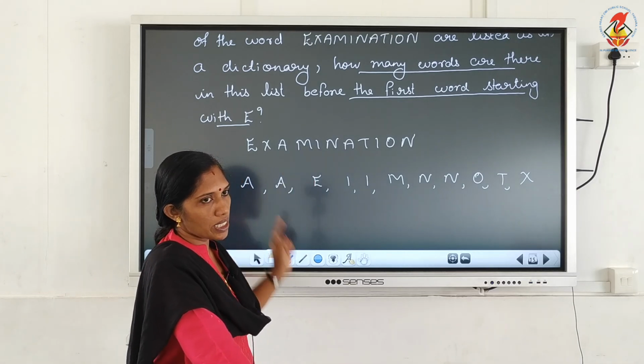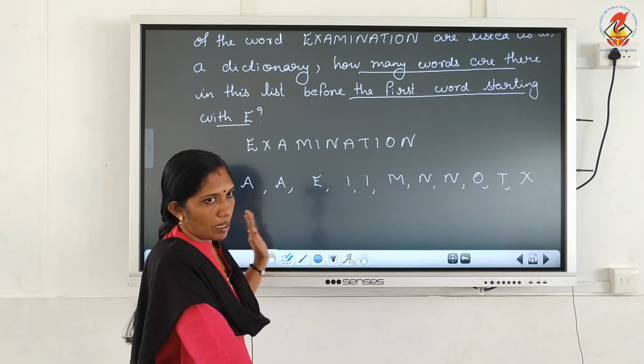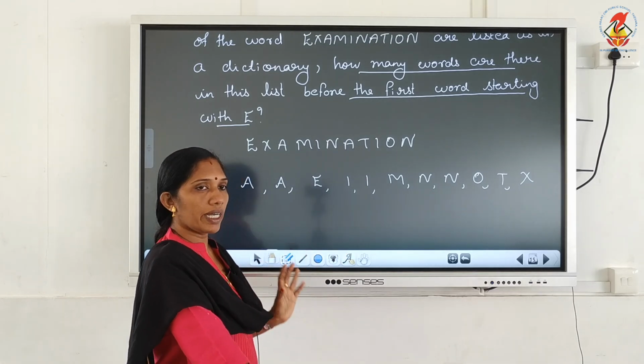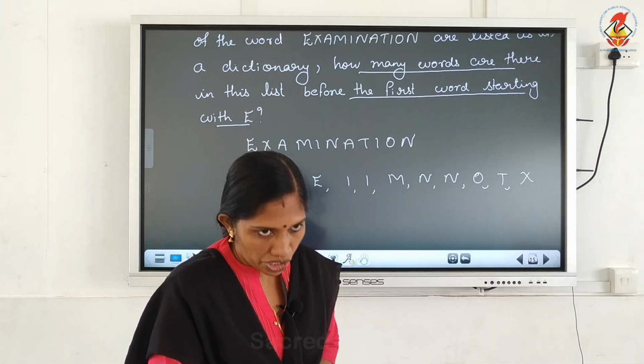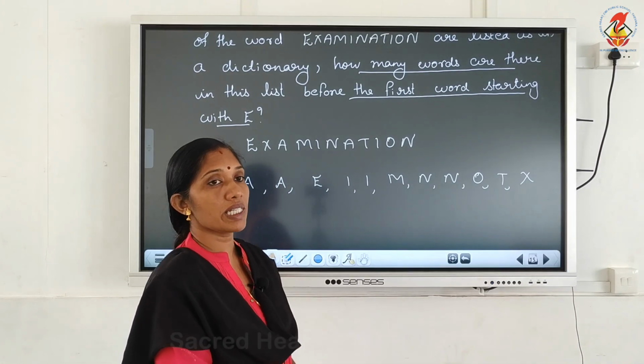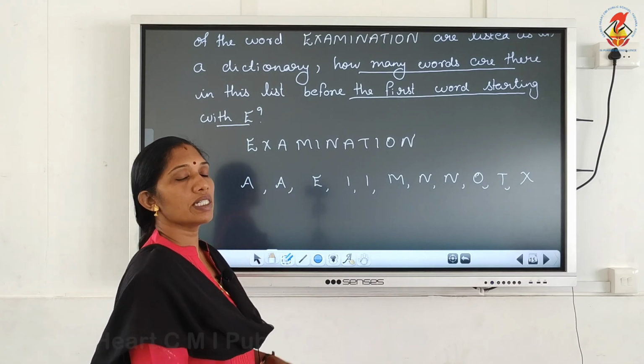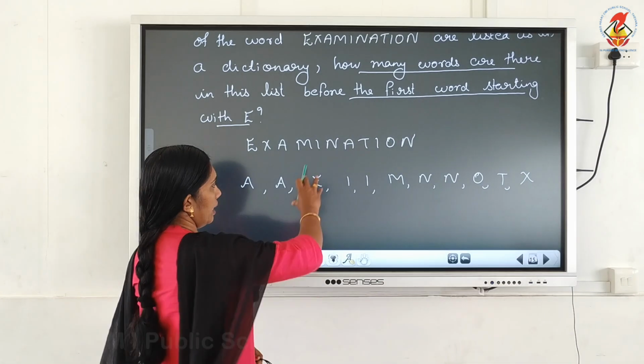Once again, read the question. The word EXAMINATION is given. There are 11 letters. We have to arrange these letters as in a dictionary. Then the question is, how many words are there in this list before the first word starting with the letter E?